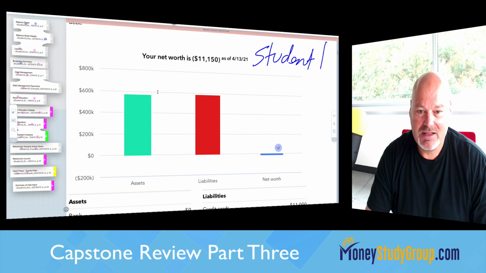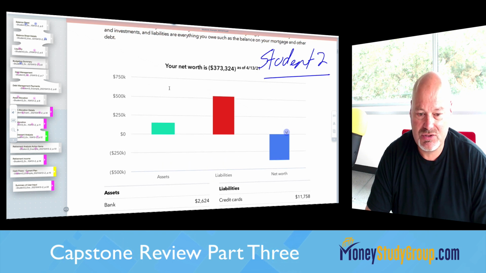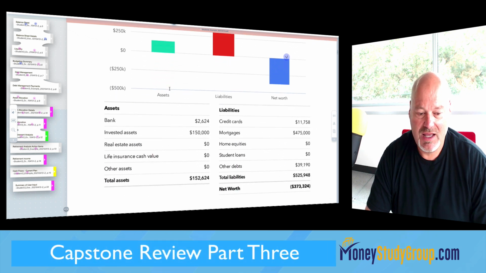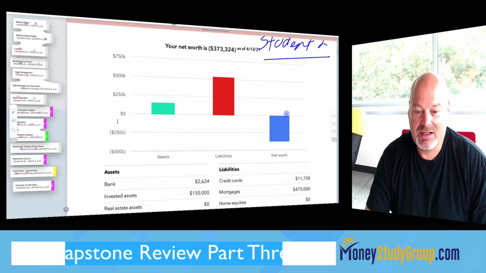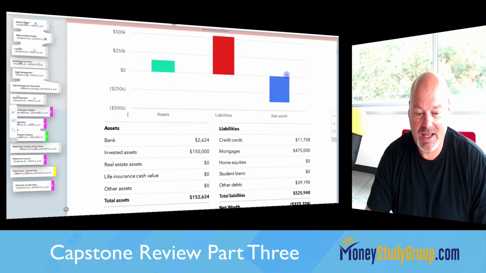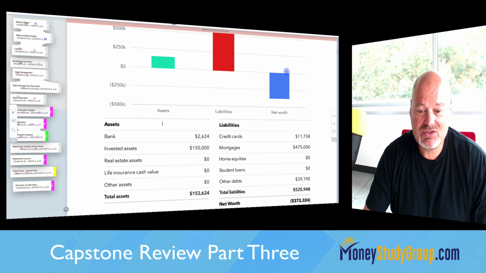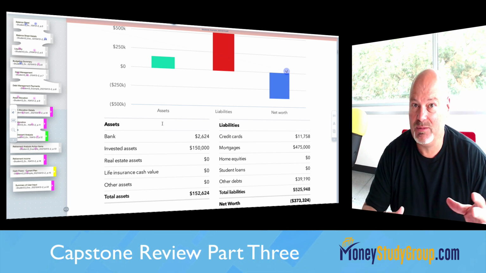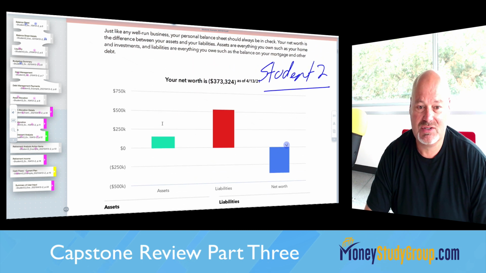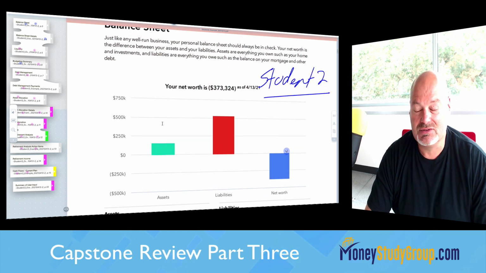So we've got that's student 1. We looked at student 3. Let's look at student 2. So student 2 has a much bigger deficit, which means their liabilities are much more than their assets. So as we get into student 1 and student 2 and student 3, as we look at their retirement analysis, you're going to notice some things about student 2 and student 3.